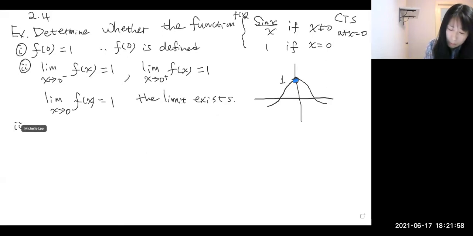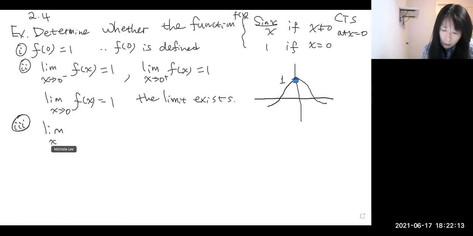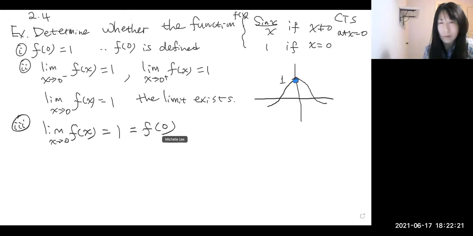Now, third one, if the limit exists, it must be the same as the function value f of 0. So there we go. The limit exists, the limit is 1, and this is the same as f of 0.